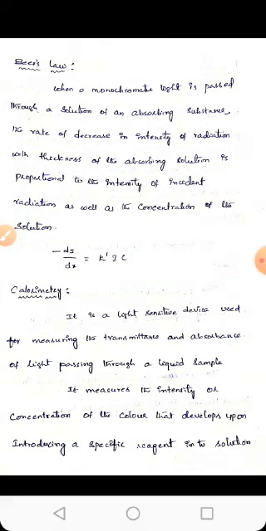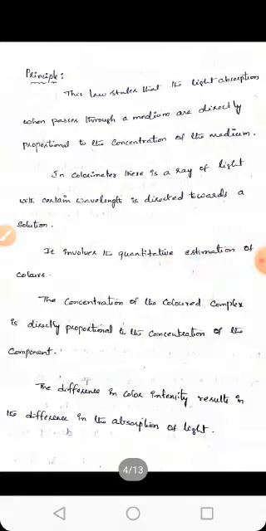Then coming to the principle of the colorimeter. This law states that the light absorption when light passes through a medium is directly proportional to the concentration of the medium. In a colorimeter, a ray of light with a certain wavelength is directed towards the solution, and it involves the quantitative estimation of colors.